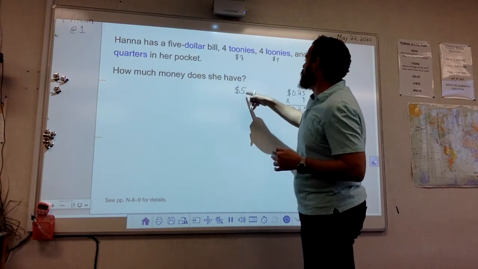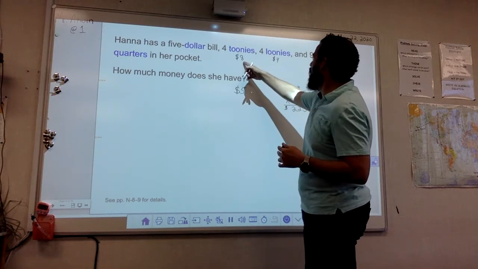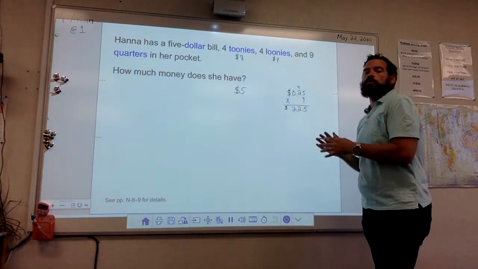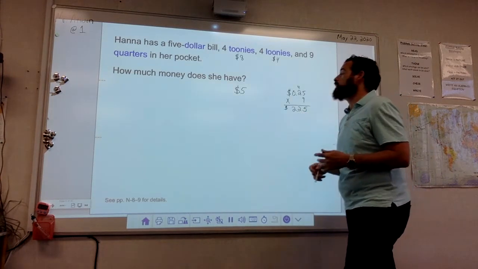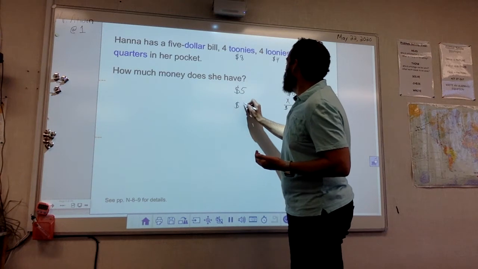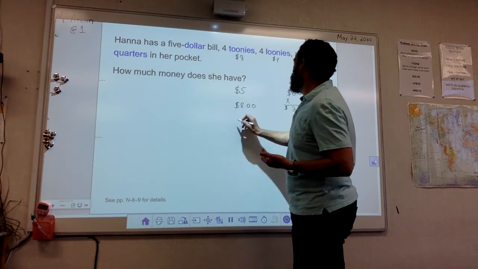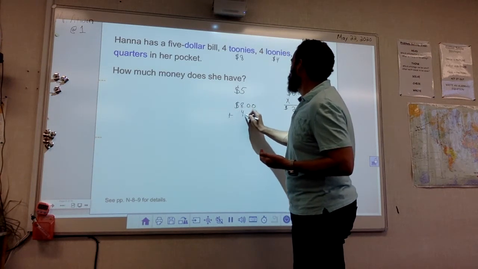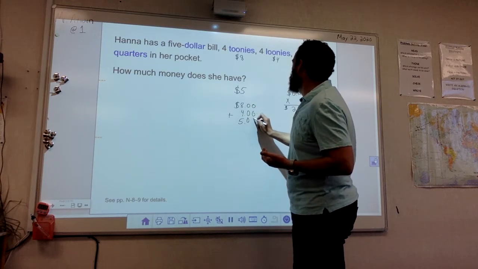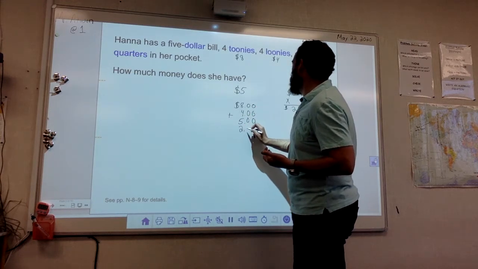So even though these are just whole dollar amounts, there's no cents, I'm going to put in my zeros because I want to make sure that my decimal points are lined up. So I've got $8 plus $4 plus $5 and then finally plus $2.25.